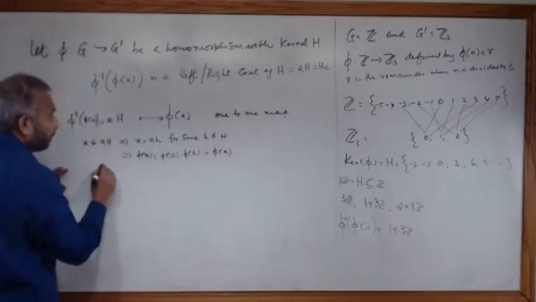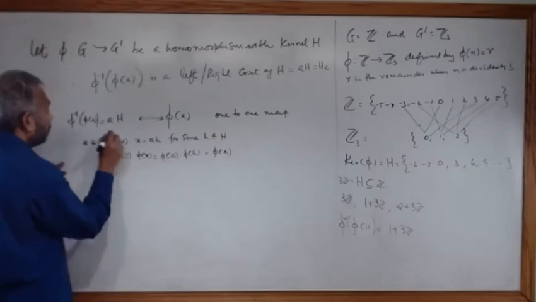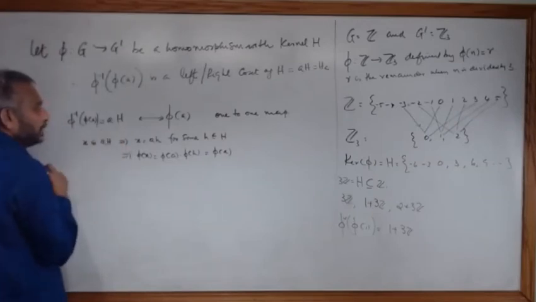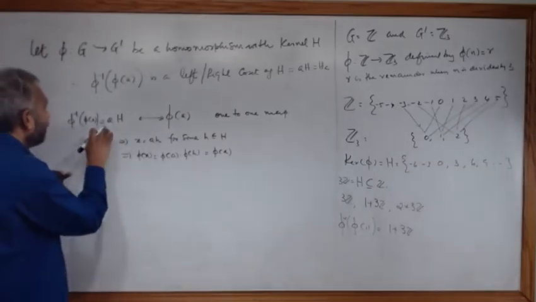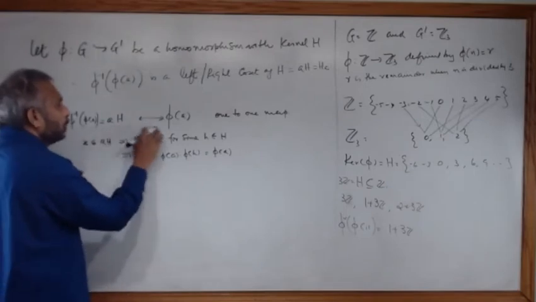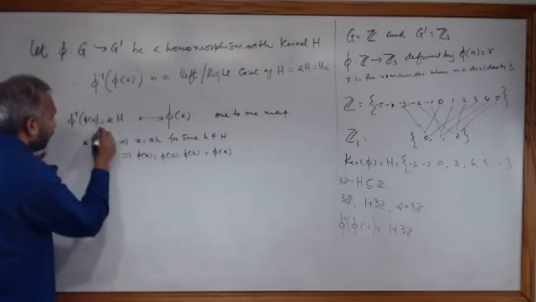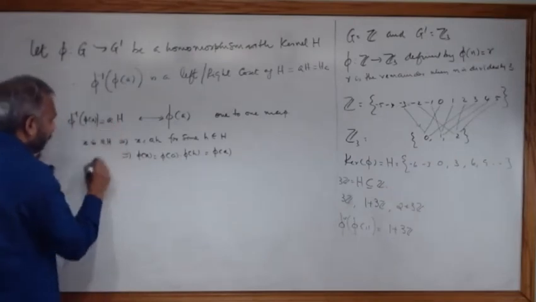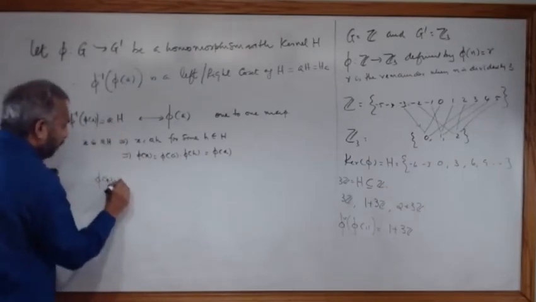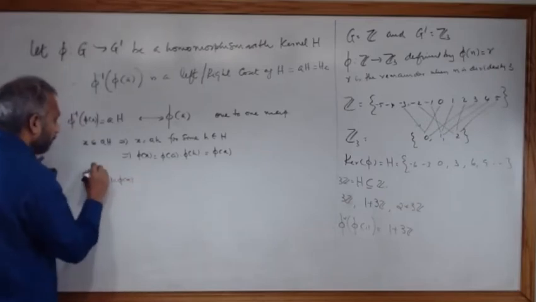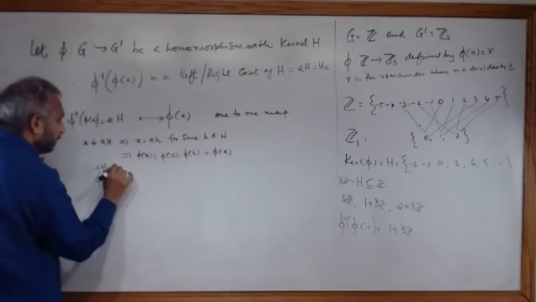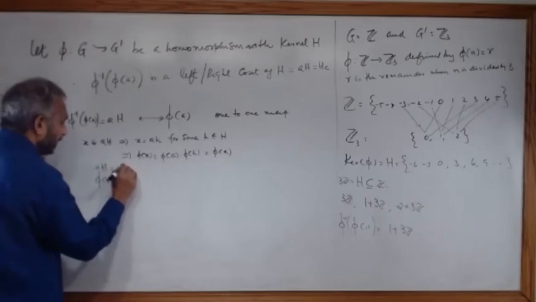So if you take any element from here, it goes to the same element. In other words, phi of x is equal to phi of a, so aH is equal to xH.